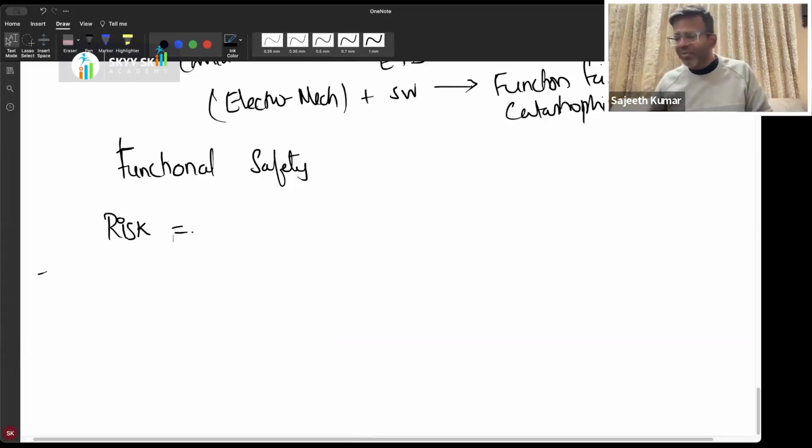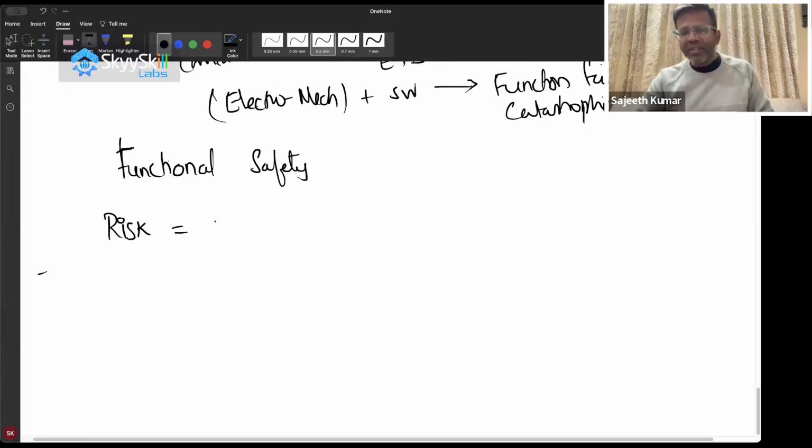Whereas a more mature person would probably find it extremely risky. For someone who's used to investing only in government bonds or FDs, investing in the stock market is risky, right? So there is no particular way that you can define risk in a normal setting, but automotive standards have tried to define risk in a particular way.